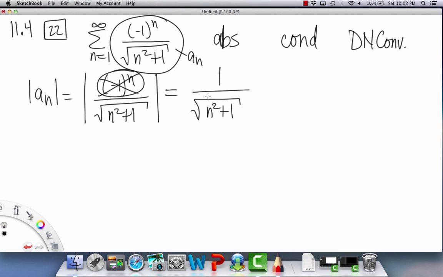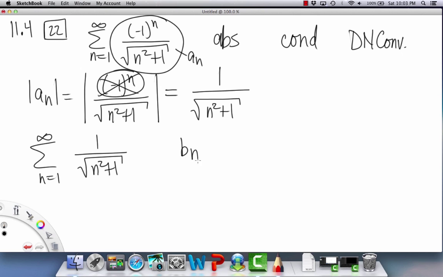Okay, so we've established that. And now we're going to look at the series of the absolute value of a sub n. To evaluate this, we have to use a variety of methods. I'm going to use a comparison test here.